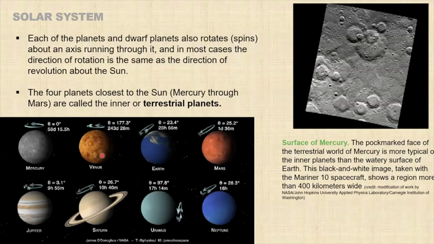We call the motion of Venus retrograde, because it rotates clockwise when you view it from the top, but its revolution around the Sun is counterclockwise when viewed from the top.